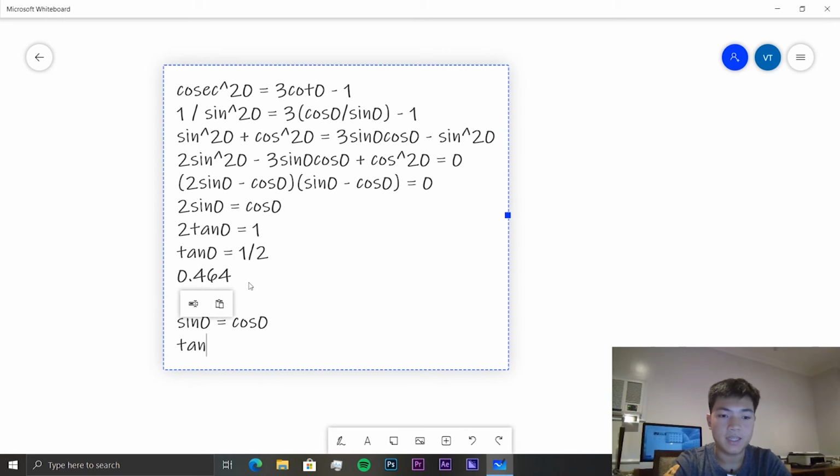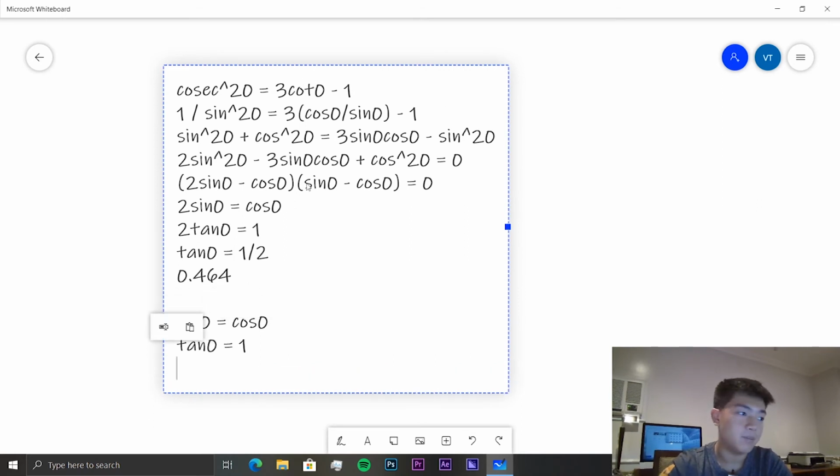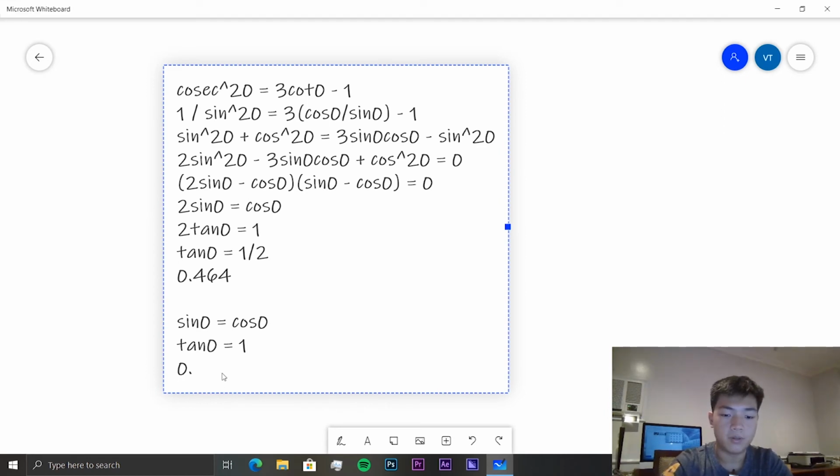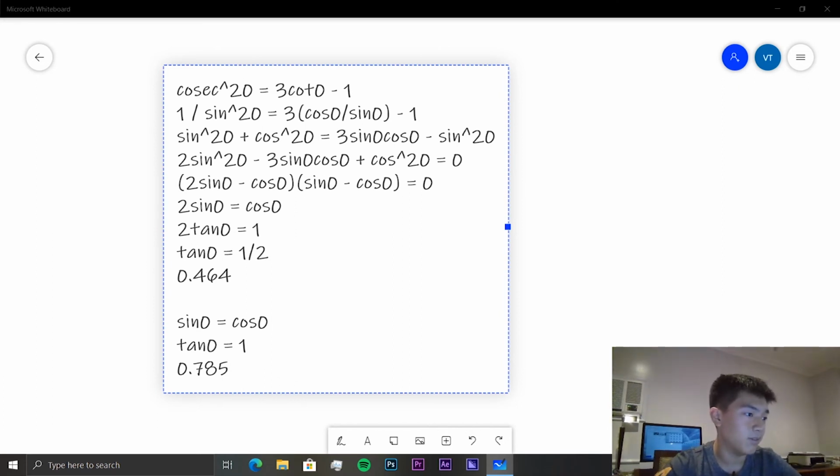In this case, tan theta is equal to 1, so this would be pi over 4 radians, which is equal to 0.785 radians. And of course, these values will repeat infinitely, so I'm just going to give one value for each.